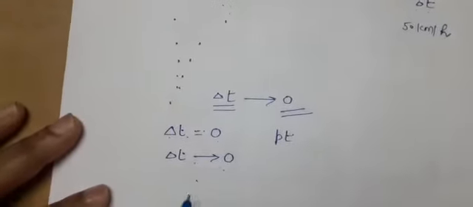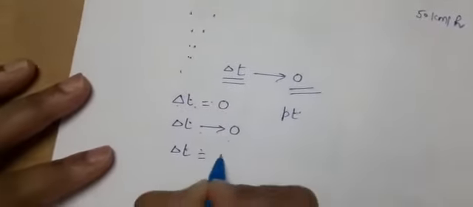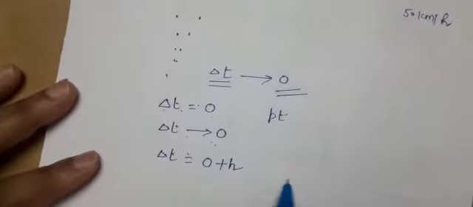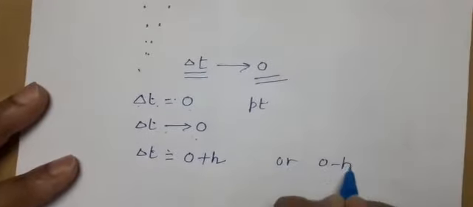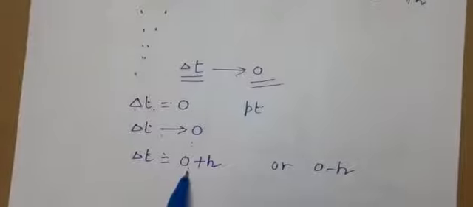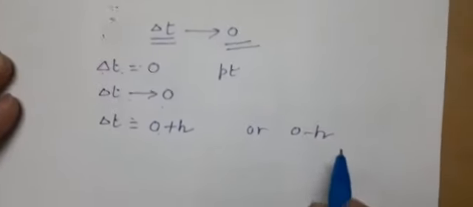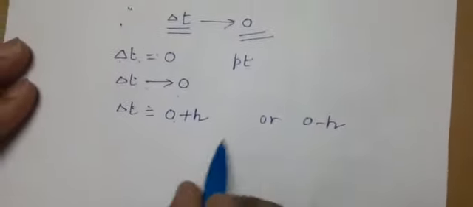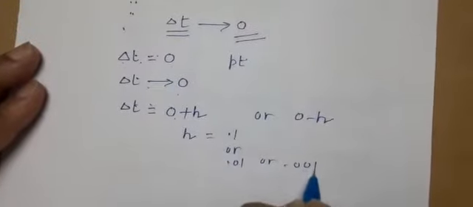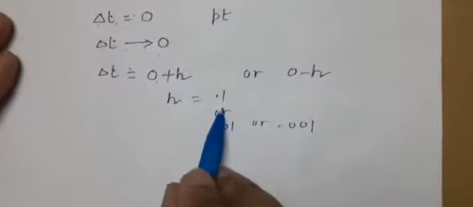But exactly, in measurement terms, you can take del t as 0 plus h or 0 minus h. It means that value will be slightly greater than 0 or slightly less than 0. So for that small variation, the value of h can be 0.1 or 0.01 or 0.001 or even less than that. If you are taking such small values, you can ignore it.